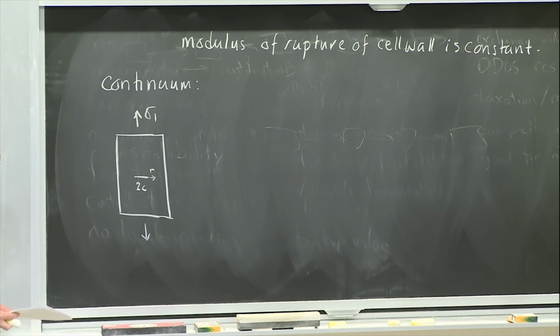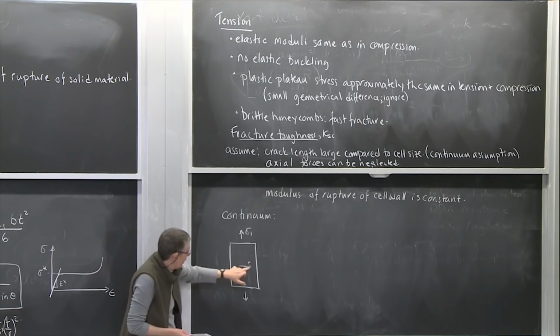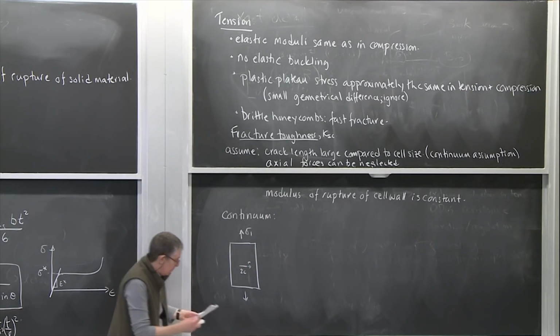So in fracture mechanics, it's been worked out what that local stress field is, and it depends on the crack length and then how far ahead of the crack tip you are.